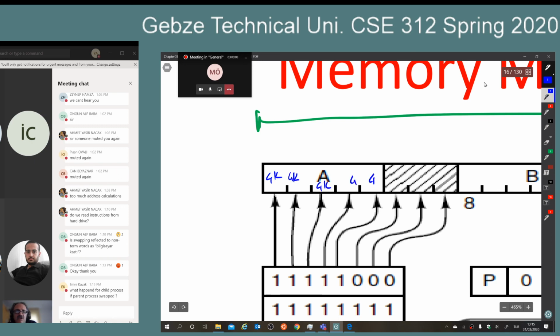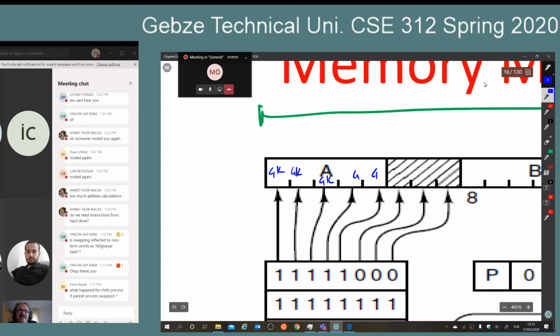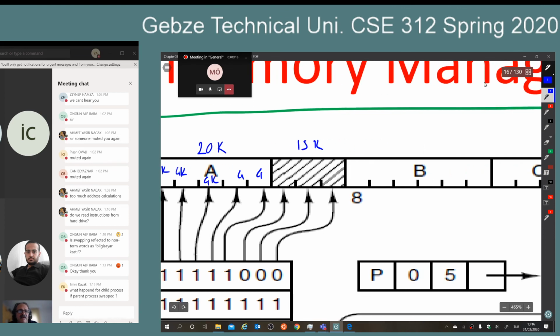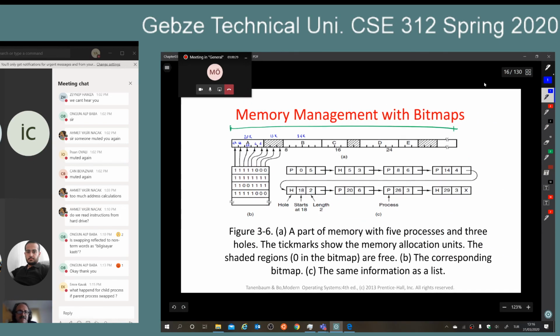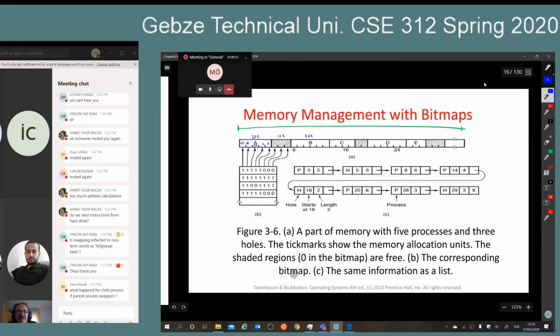So this process A needs 20 kilobytes of space, and this place is empty. 15 kilobytes of space is empty, and this one is 1, 2, 3, 4, 5, so this is 24K. So I need to keep this information in a table. Okay, this is called the bitmap table.